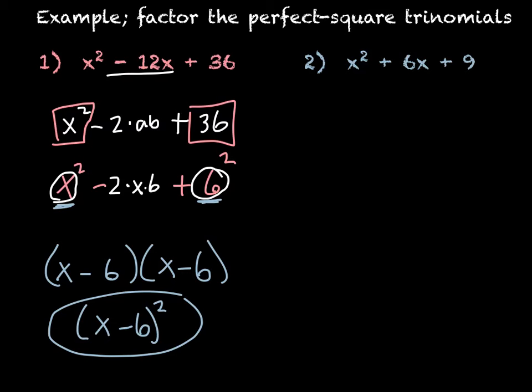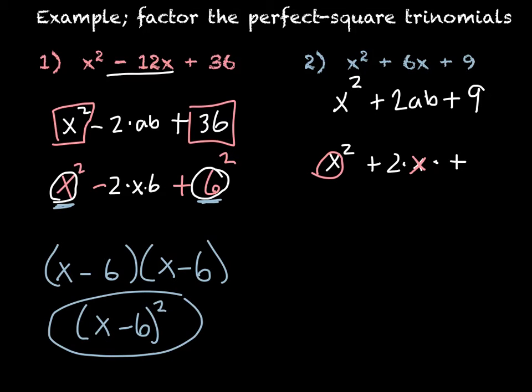For this next example, again, we're going to split it up so that we know what we're looking at. We have x squared plus 2ab, we need to figure out what a and b are, plus 9. So that's going to give me x squared plus 2 times my a, which I know is x, times, I need to figure out what my b is.